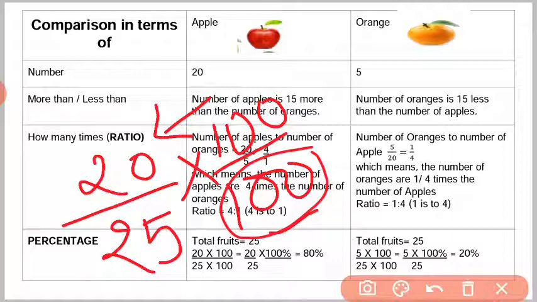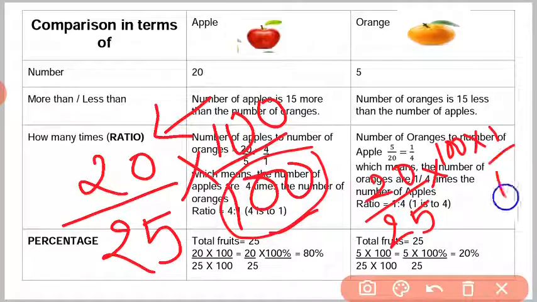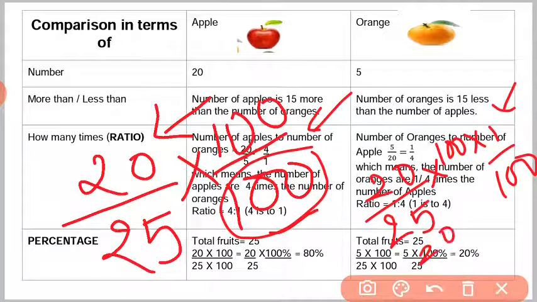So we can write it as 20 divided by 25 multiply 100 multiply 1 by 100. Right, like this or like this, both are same. And this 1 by 100 can be written as percentage.